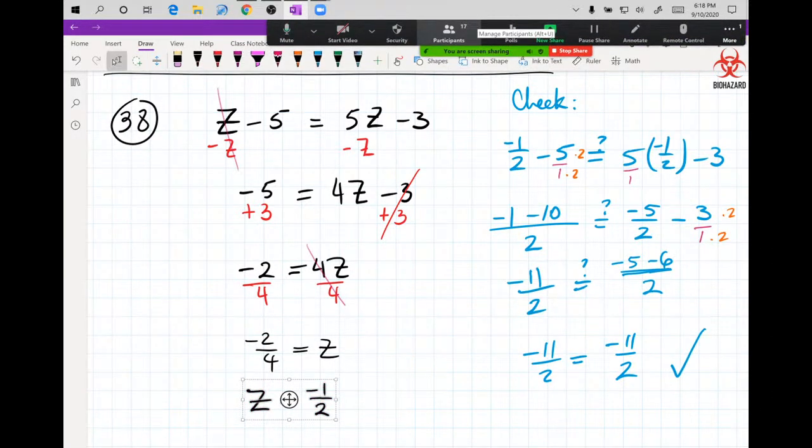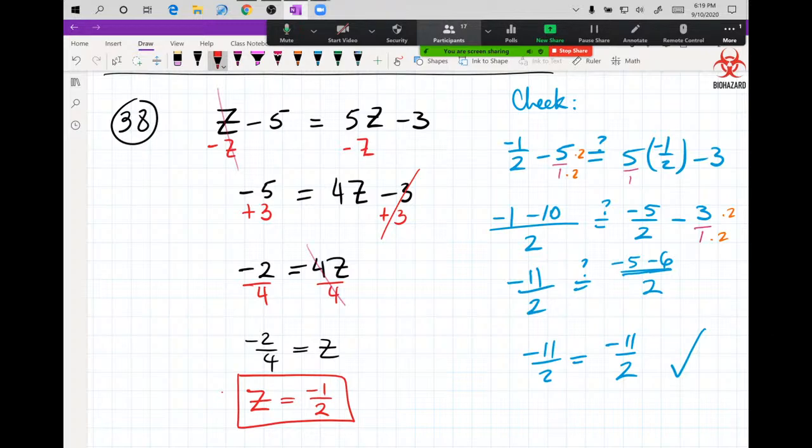It is -1/2. So -1/2 is a correct solution. It's a little bit harder to check when you have fractions around, but it's not impossible. And obviously by practicing fractions, you always get better and better. So that means you will be able to compute these things faster.